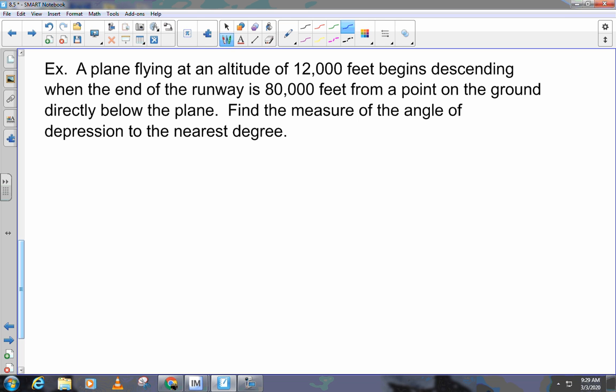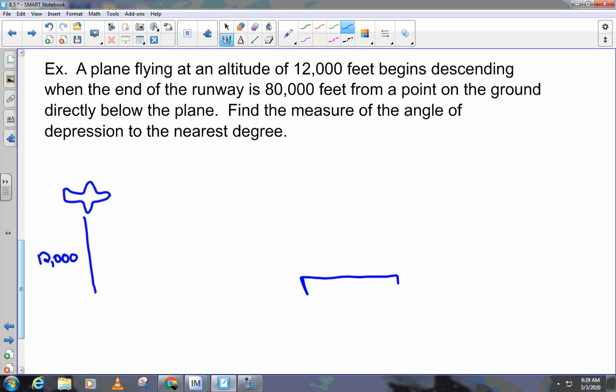Okay, so we have our little airplane, and it says it's flying at an altitude of 12,000 feet. What's altitude? How high up he is, right? So he's 12,000 feet in the air, okay? All right, it says he begins descending when the end of the runway is 80,000 feet from a point on the ground directly below the plane.